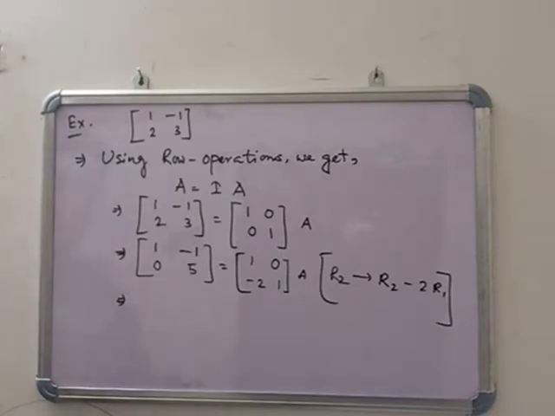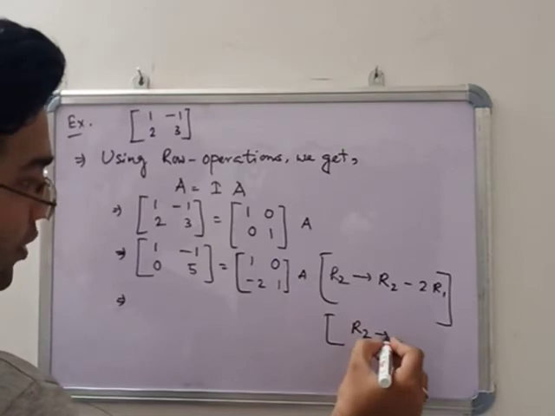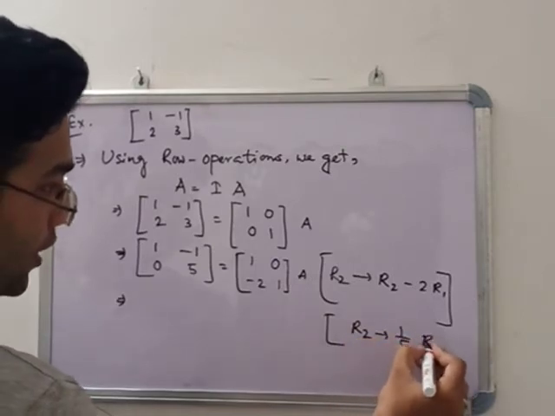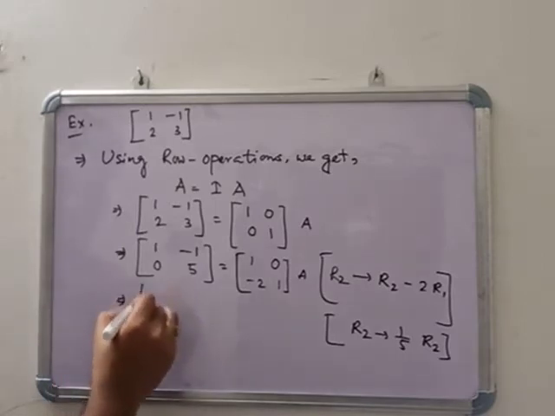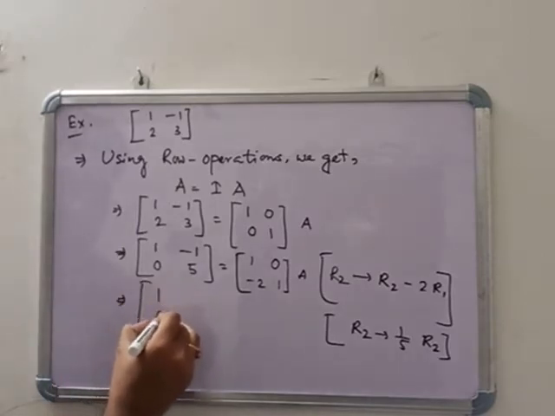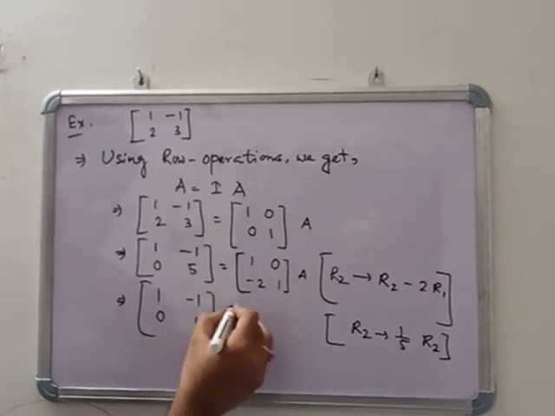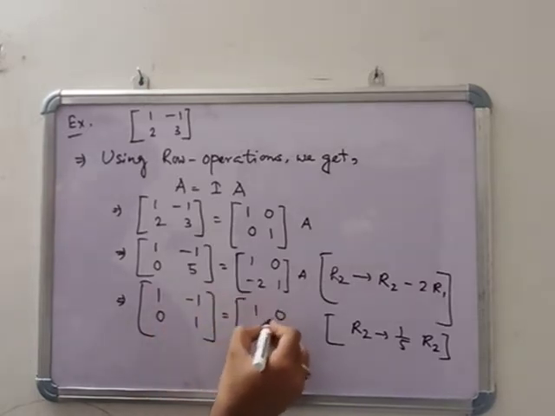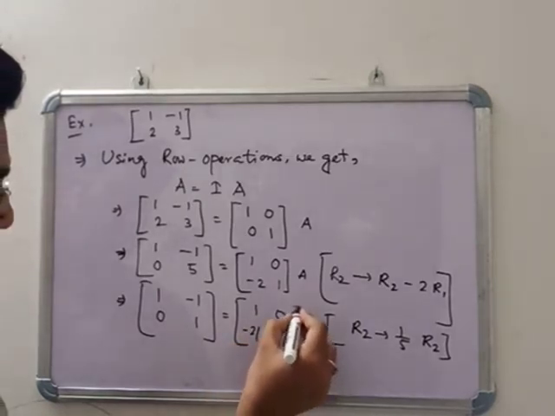Next one, 5 is there, so that means row 2 becomes 1 by 5 R2. Okay, so that means 1 0 minus 1 1, here 1 0 minus 2 by 5 1 by 5.